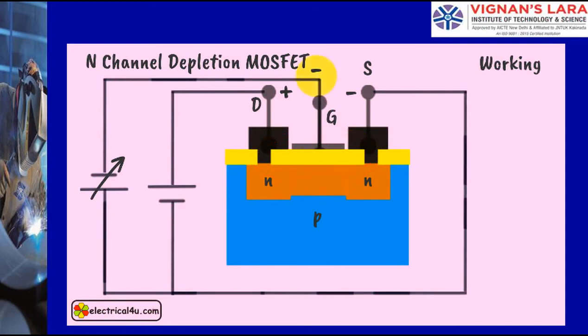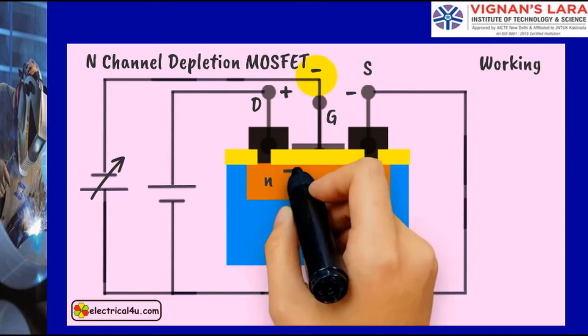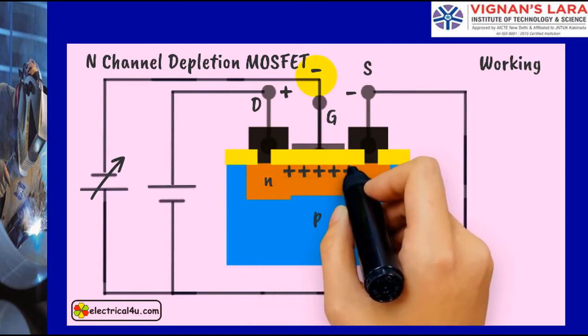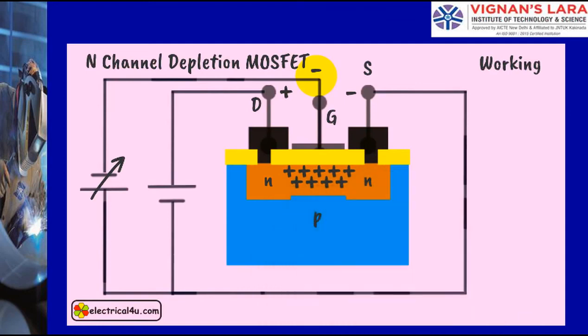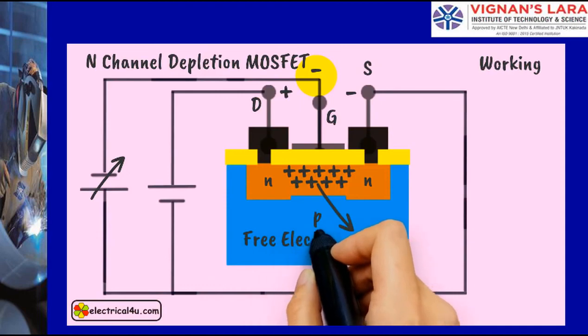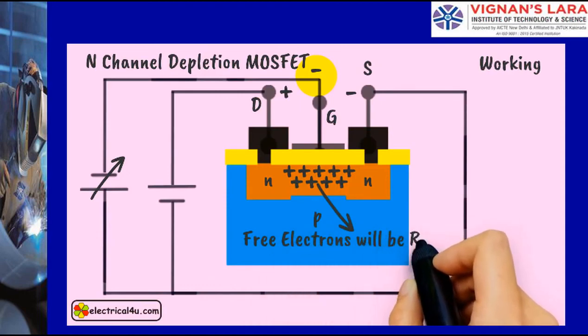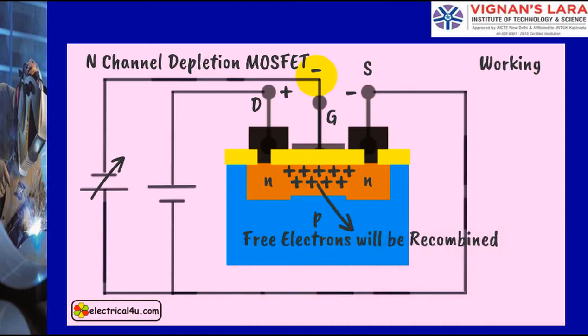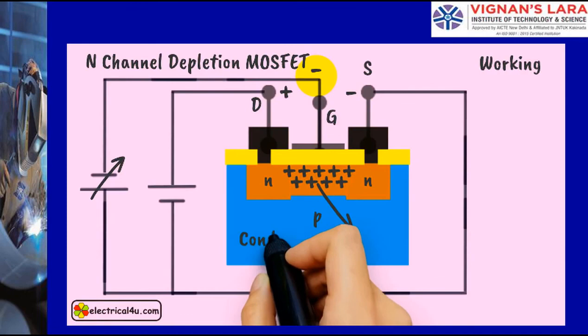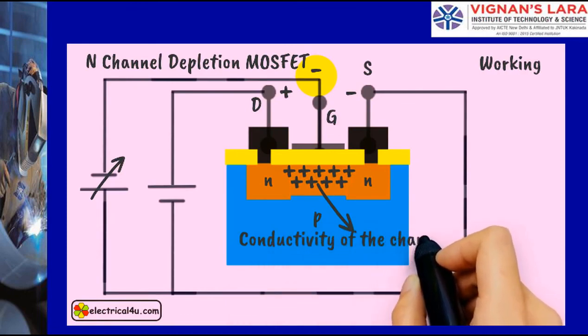If negative voltage is applied at the gate terminal, due to capacitor action, positive potential is accumulated on the N channel. Due to the induced positive potential, majority carriers, that is free electrons in the N channel, will be recombined, and hence there will be depletion of free electrons, and as a result, conductivity of the channel is reduced.